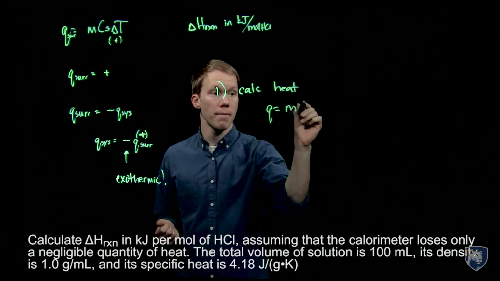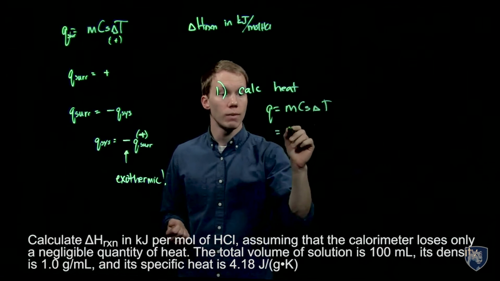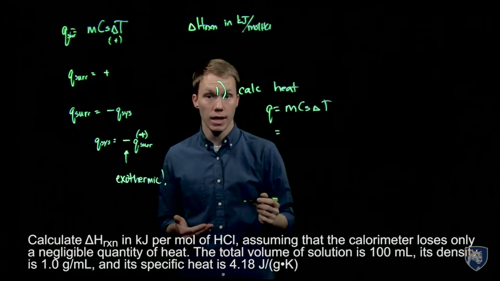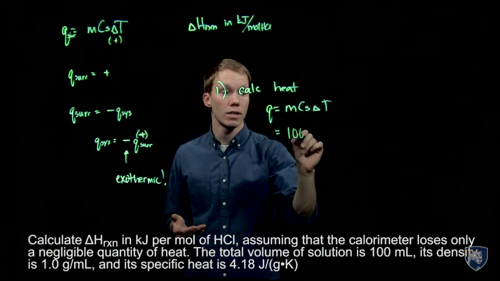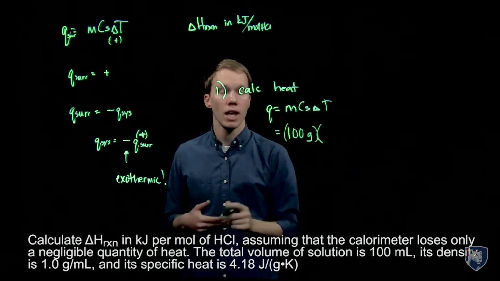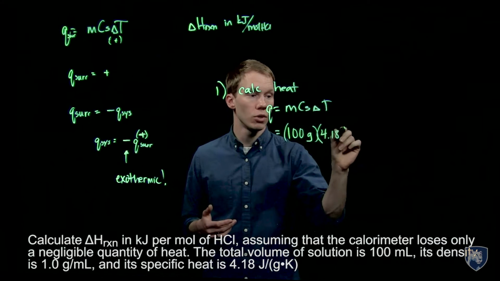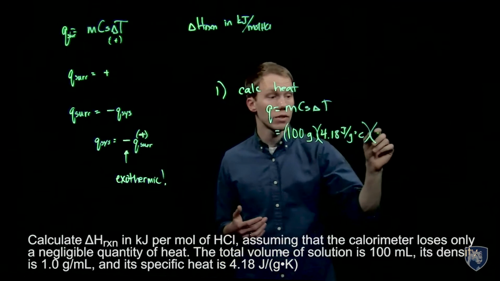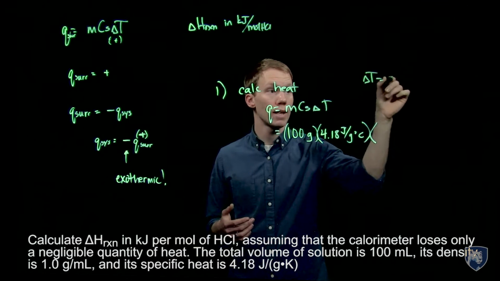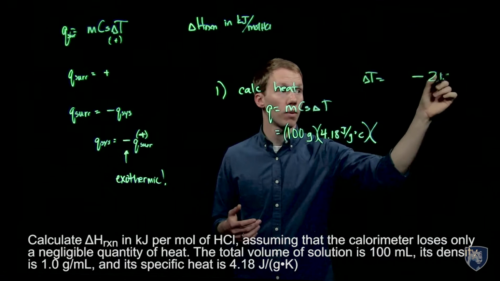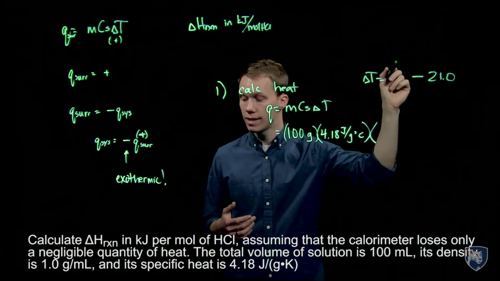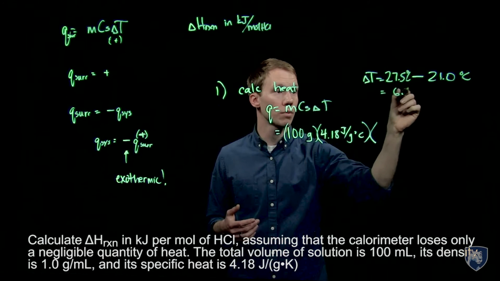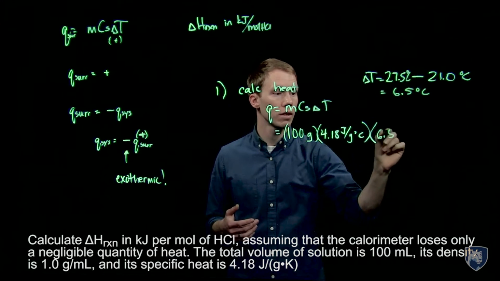So Q is equal to m Cs delta T, and we have 100 milliliters of solution, and the density is 1 gram per mL, so my mass is 100 grams, all right? The heat capacity was given as 4.18 joules per gram degrees Celsius, and my delta T is going from 21.0 to 27.5 degrees Celsius, so delta T is 6.5 degrees Celsius.